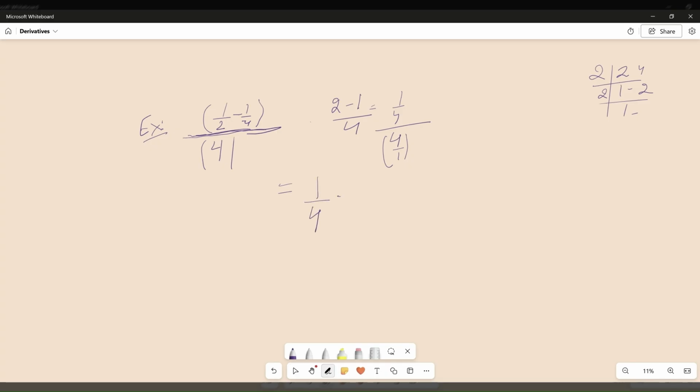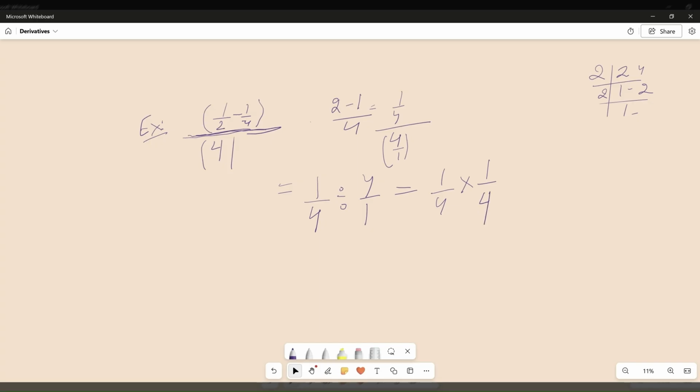And if there is something like this, where this is divided by this, the reverse would be multiplication of this expression. It would be like this.